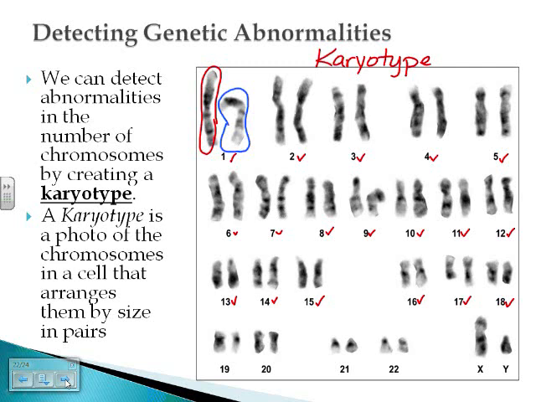We've got two number 19s, two number 20s, 21, 22, and if we look here, we've got one big one, and we know that the Y had to come from dad, so this is a male. This is a karyotype for a male.